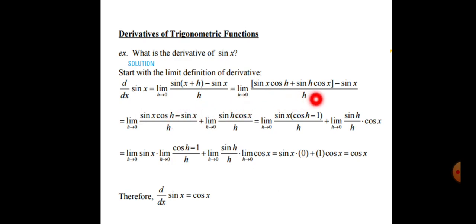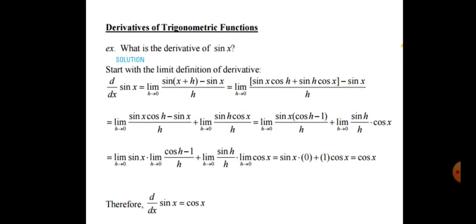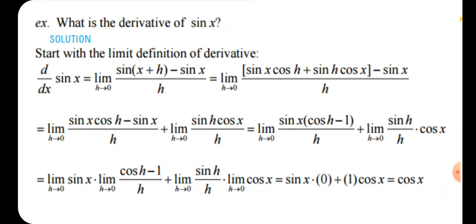So we can divide this limit problem into two limit problems. As we can see here, in sine x cosine h minus sine x, there is a common factor between the first term and the last term. So collect sine x cosine h minus sine x over h in the first part.